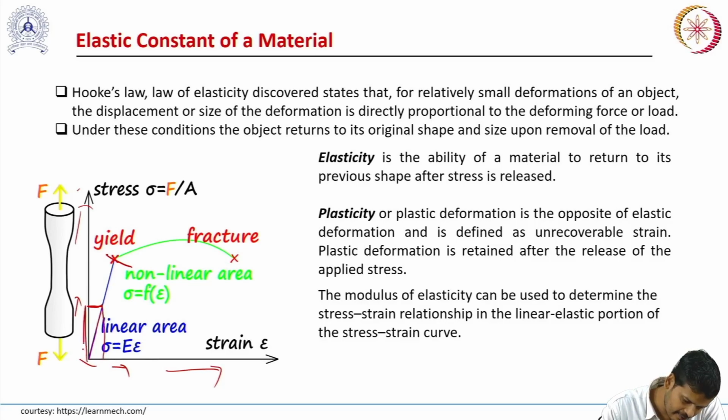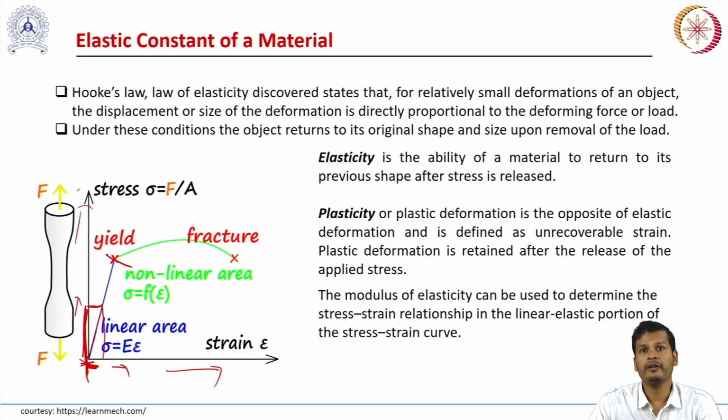So this is my stress applied, and this is my strain in the body. If I remove the stress, again the strain will go back to 0. So in elastic deformation, the body is deformed only when you are applying the stress or the load. The moment you remove the stress or the load, the deformation will be gone and the body will come back to its original position.